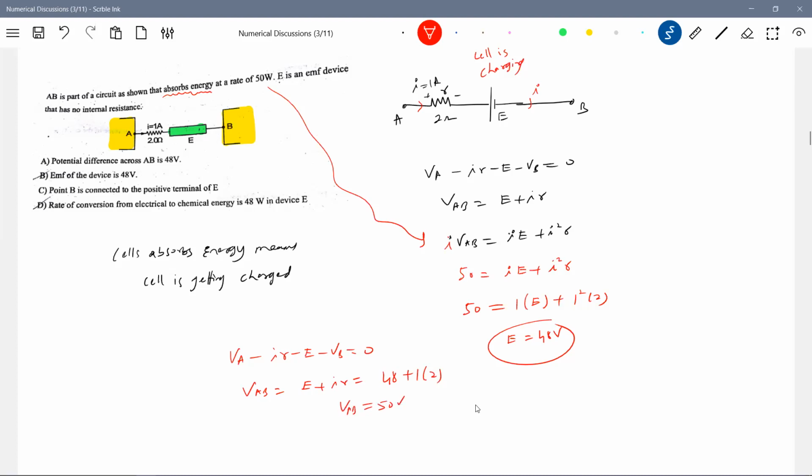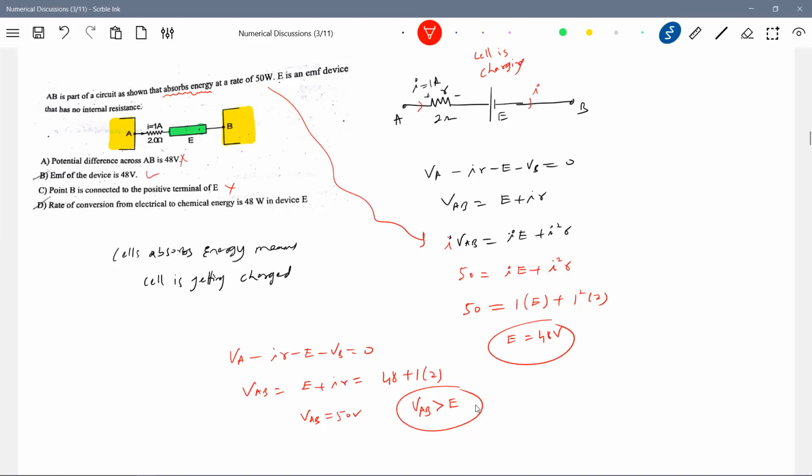Look at this, VAB greater than E. When will it happen? When the cell is getting charged, no? That is the meaning. Okay, this one: point B is connected to the positive terminal or negative terminal. Okay, this will be the wrong option. So there is the correct option.